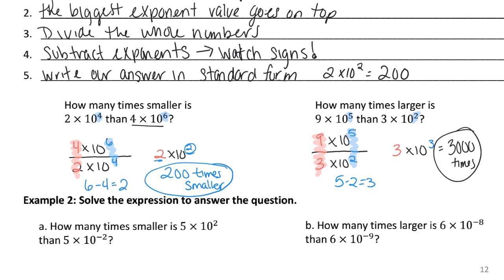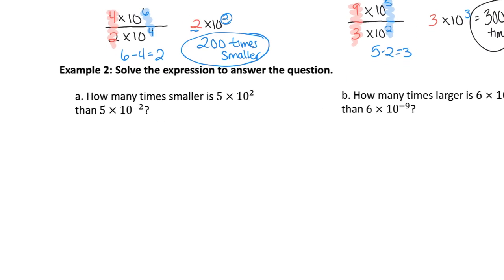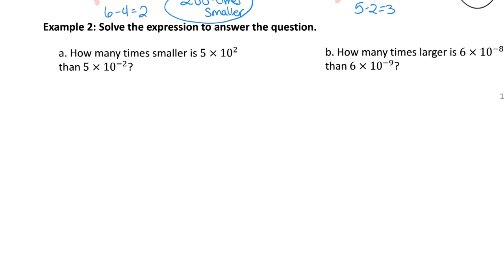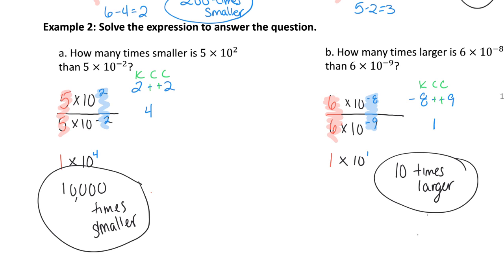All right, so I want you to pause the video and try A and B on your own. Okay, so pause and try A and B on your own for me. All right, so hopefully you put them in the right places. So your positive 2 should be on top and the negative 2 exponent should be on the bottom. Then, of course, you just divide your whole numbers. Be careful when you're subtracting. You should get 4, which means that it's 10,000 times.